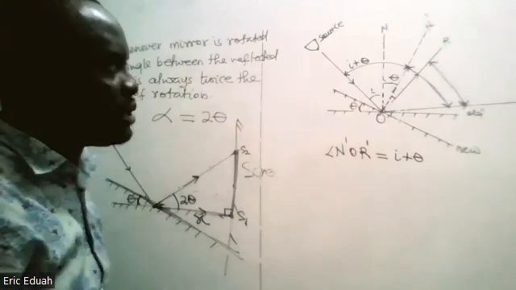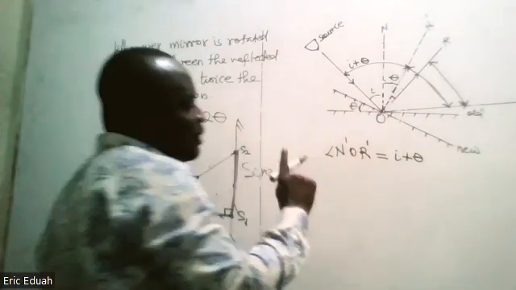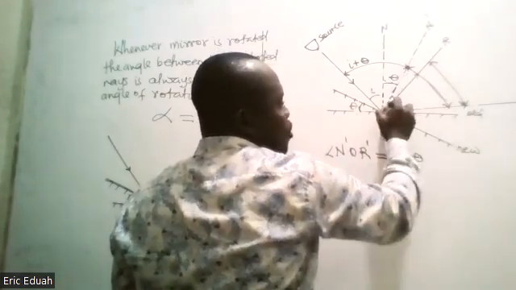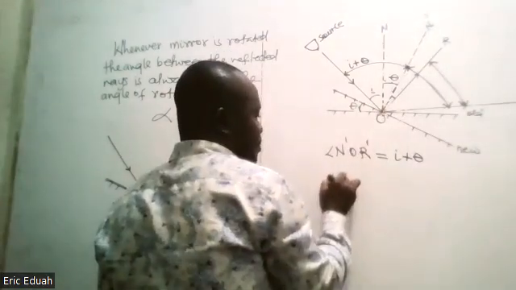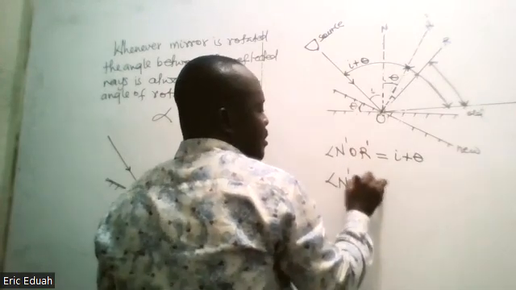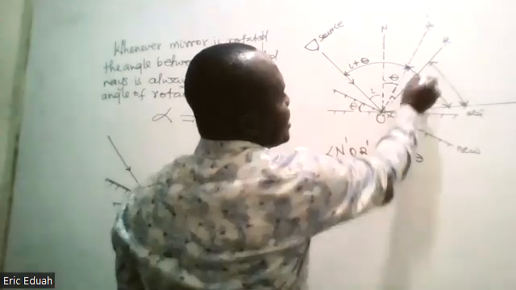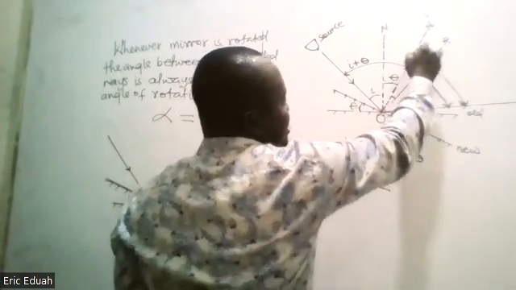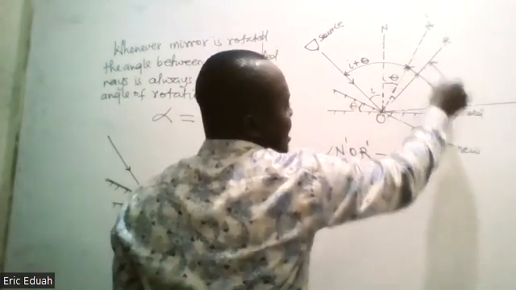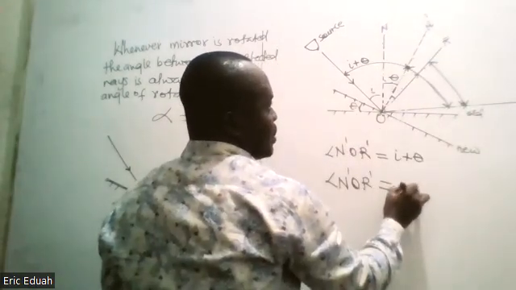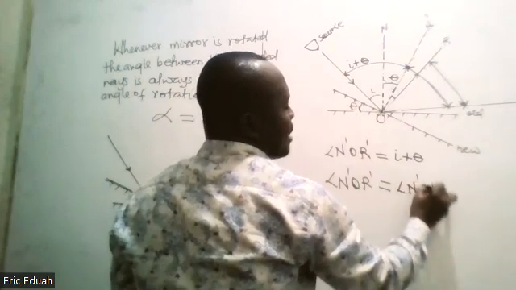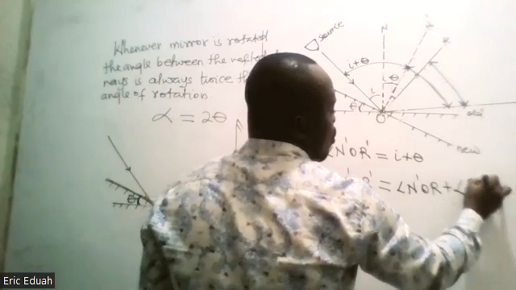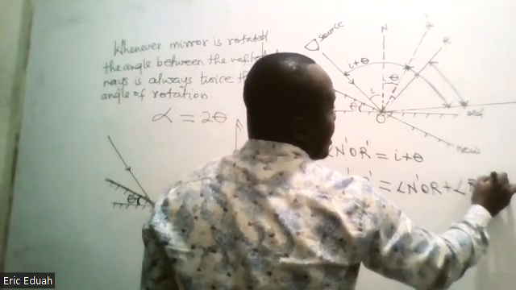I'm looking for this angle, which I don't know. But what I know is that the angle of reflection, n prime O r prime, is equal to this small angle plus the angle I'm looking for. This bigger angle is equal to this plus this. So angle n prime O r plus angle r O r prime.